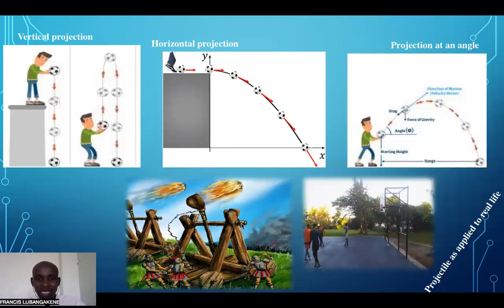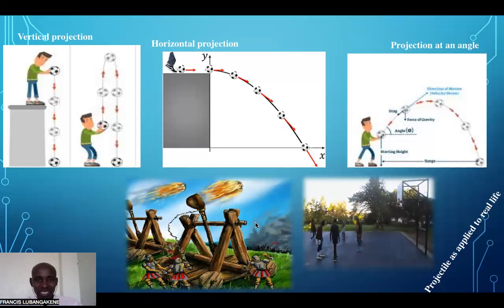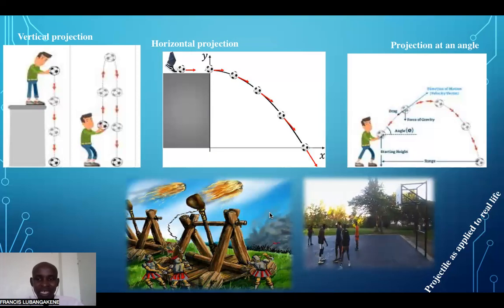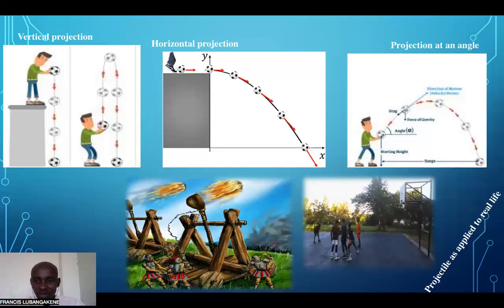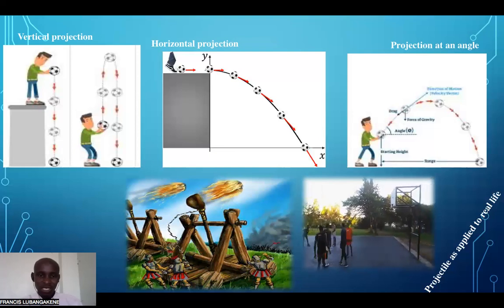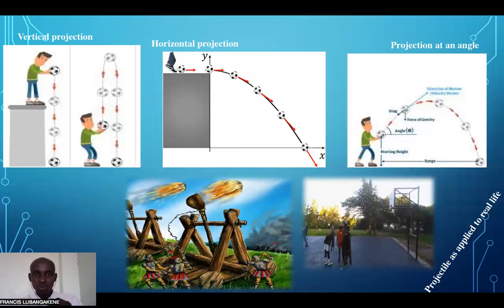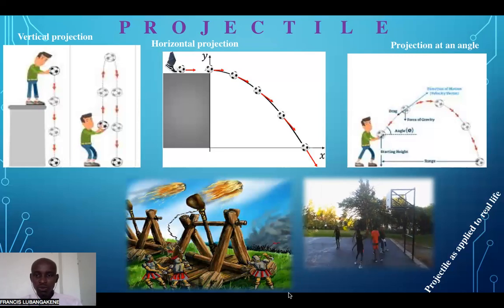Yet still, we can see the army in the picture, the ancient army, using projectiles to attack their enemy. So that is a projectile in real life. These videos and pictures are going to help us explain what a projectile is. Projectile will be explained based on what we can see.